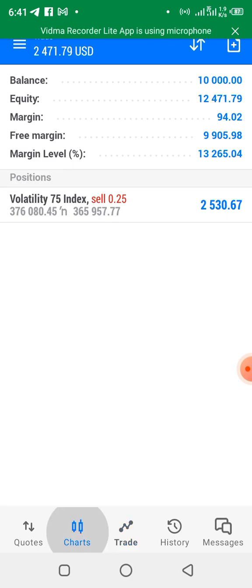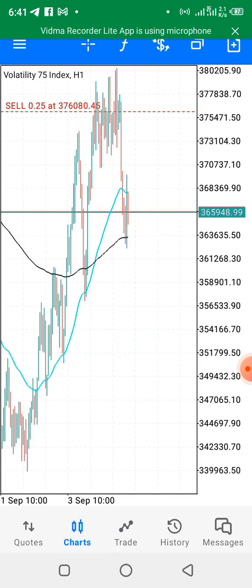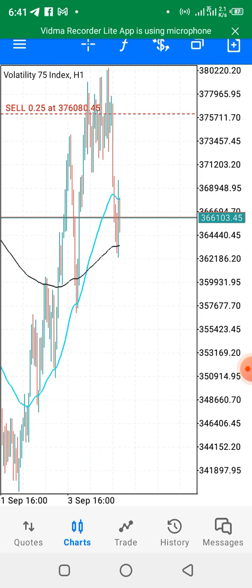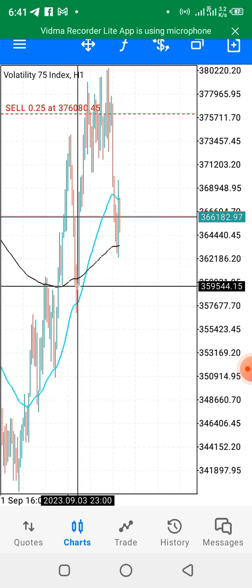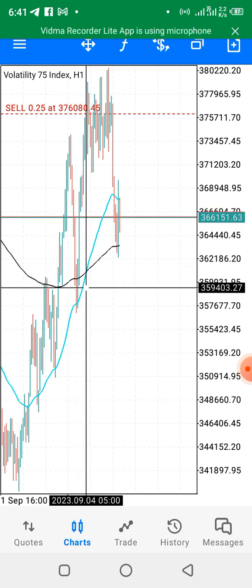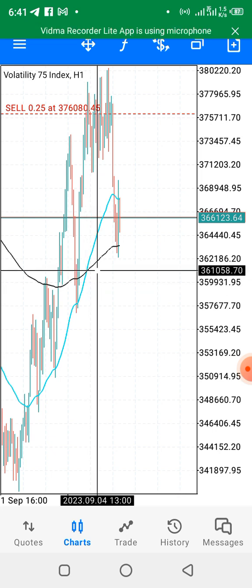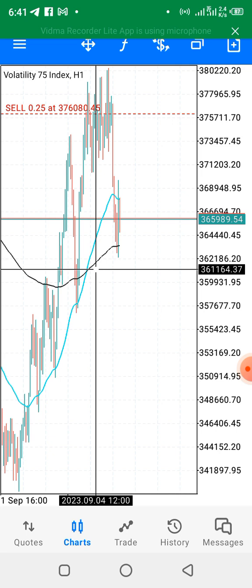Let's go to chart. You can see that what we took here is a sell. Let me click my highlighter. Remember I told you the one on the right here is showing the price, right? So let's say we want this trade to close when it gets to this price, the one highlighted black here, which is 361164.37.